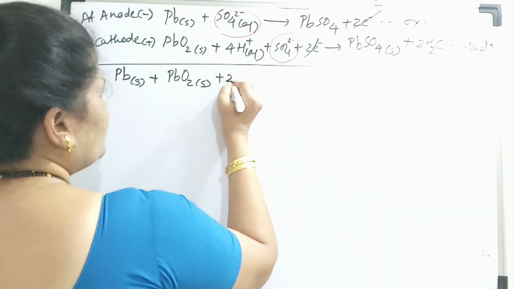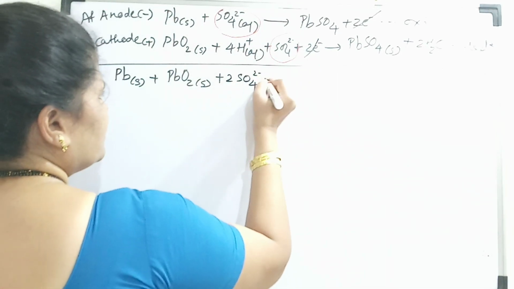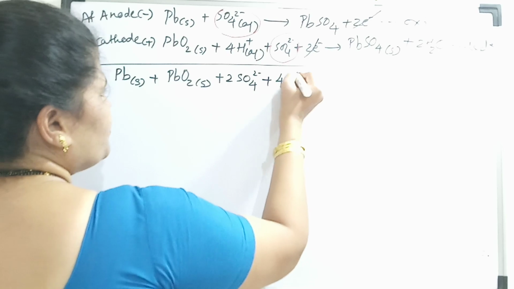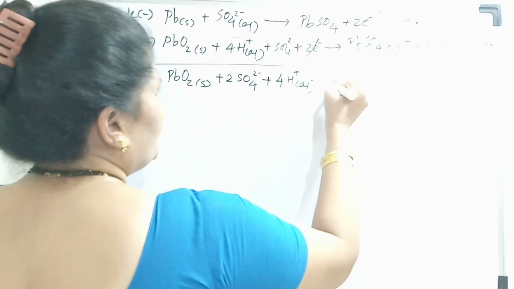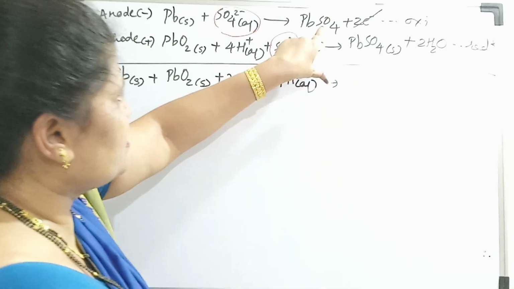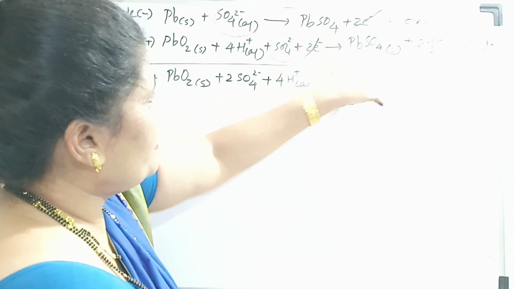So I will get 2SO4 2- plus 4H+ will give me PbSO4, 2 moles, plus 2 moles of water. Right, students? This is the equation.